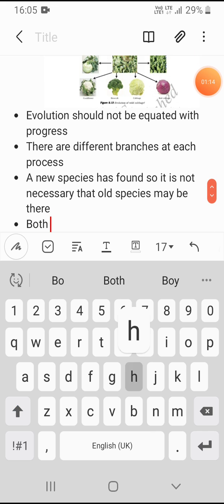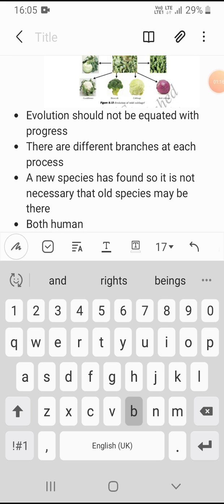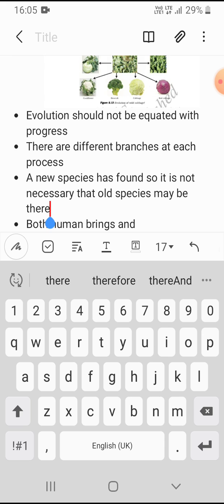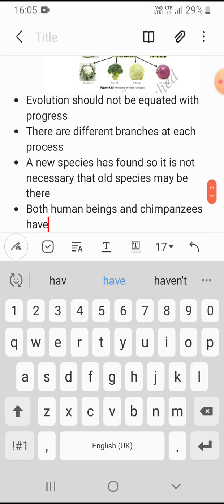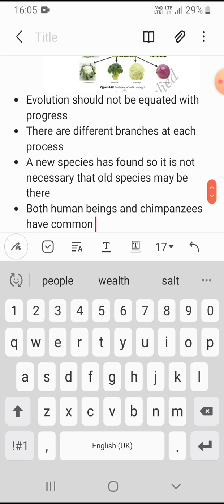Also know that both human beings and chimpanzees have common characteristics.